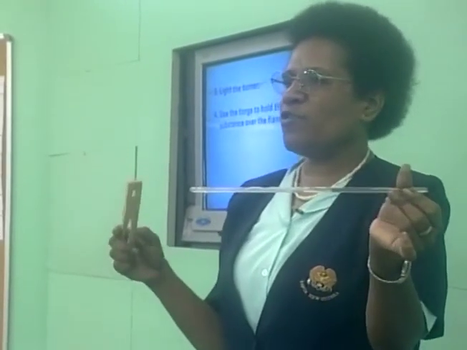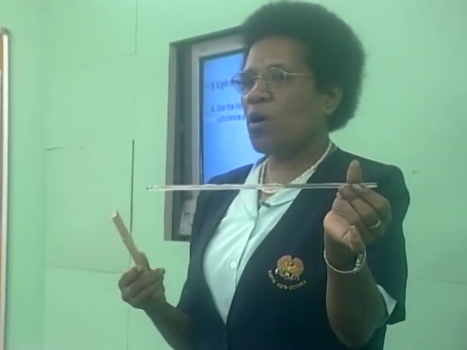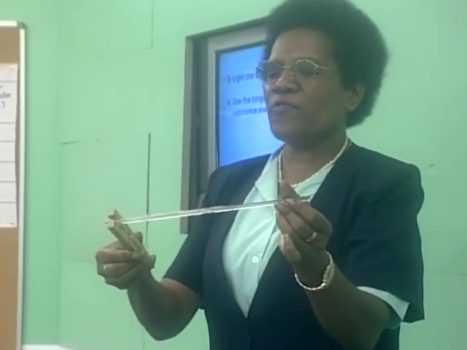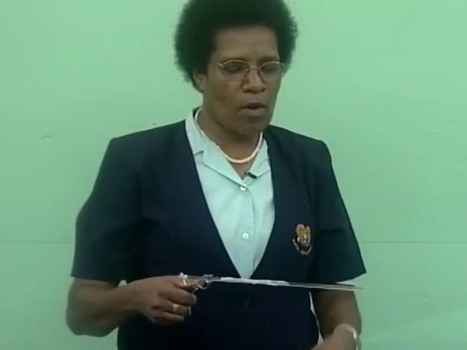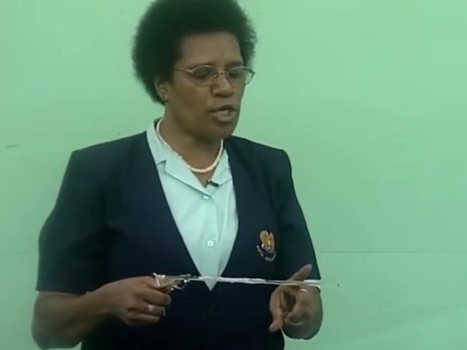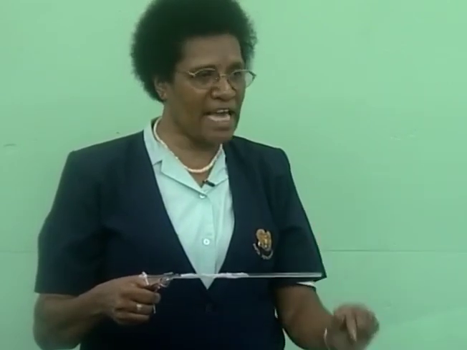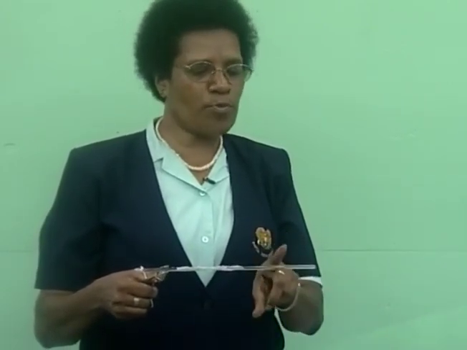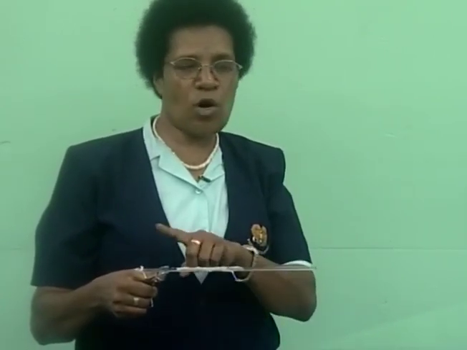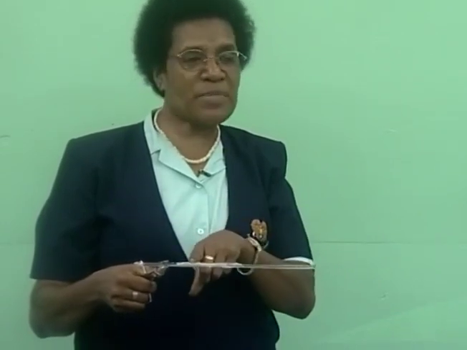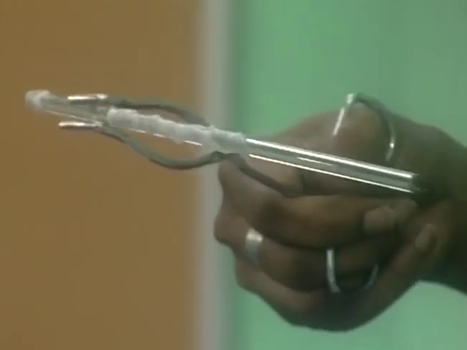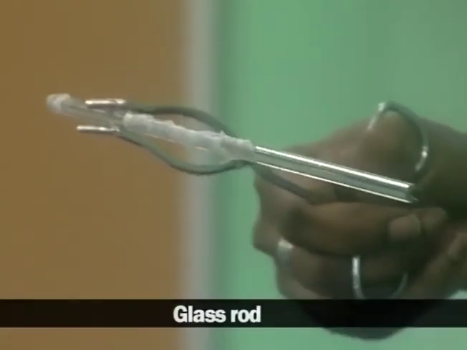You have your tongs there. You hold onto the coated end of the substance, and the end that is not coated, you put over the flame. You hold the substance at the end that is coated with wax.